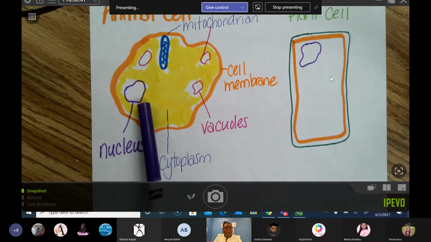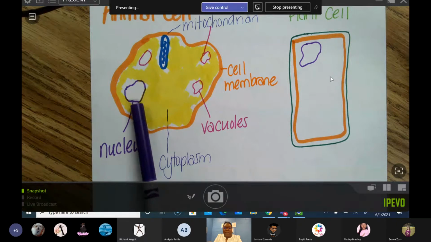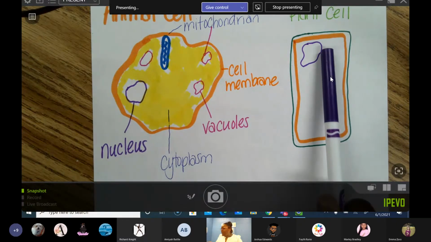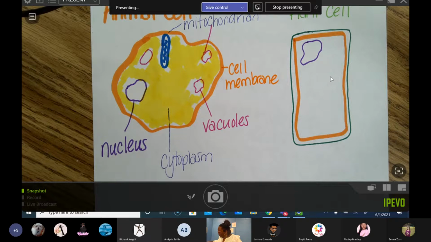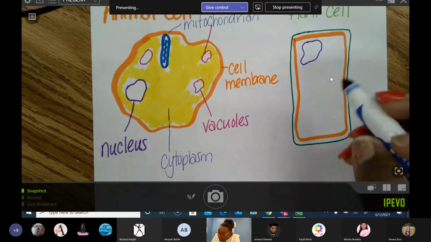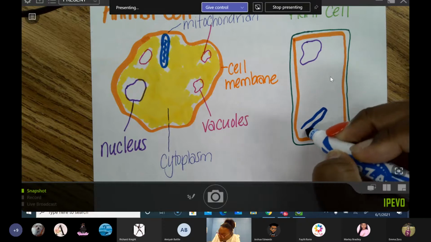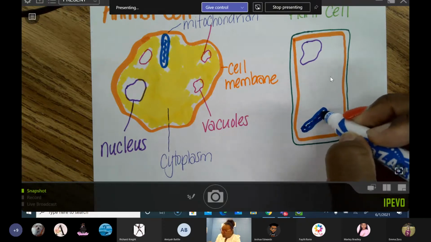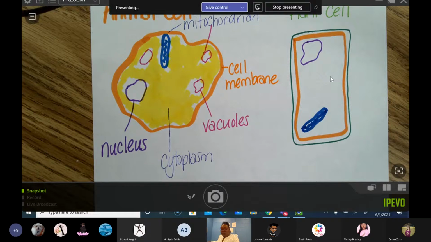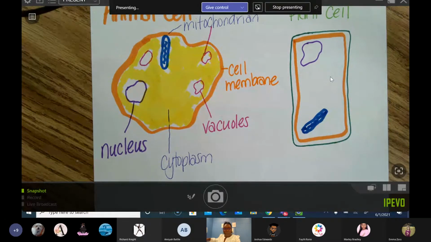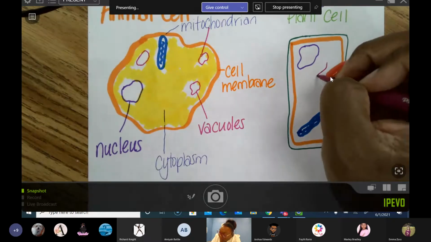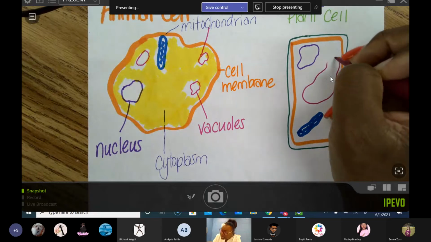The nucleus is purple here in the animal cell. It's also going to be purple in our plant cell. The plant cell will also have mitochondrion. You'll see that it has that cell membrane, that orange lining. And it will also have a vacuole, even though a vacuole in a plant cell is much larger.